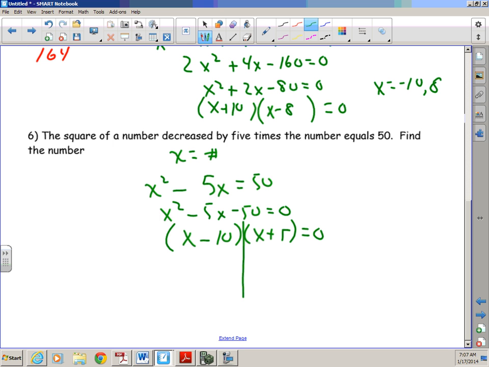Solve to get x is 10, x is negative 5. The reason to solve these all the way through is that you never know when you have one answer or two, and in this case, you have 2 answers. So that's why you always want to make sure you solve all the way through. Okay? So that was our lesson on solving quadratic word problems.